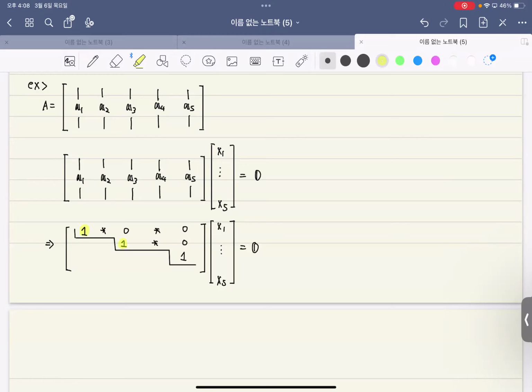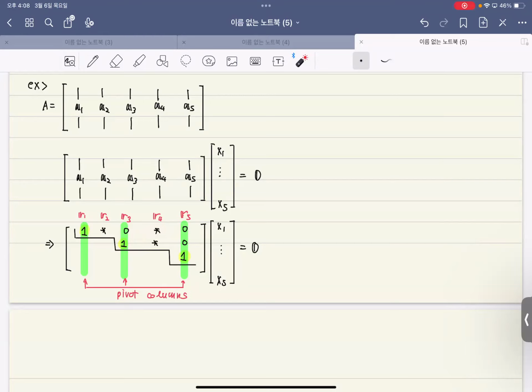And these three entries are pivots. The columns that contain a pivot entry, I'm going to say they are the pivot columns. For simplicity, I'm going to name each of these columns from R1 to R5.